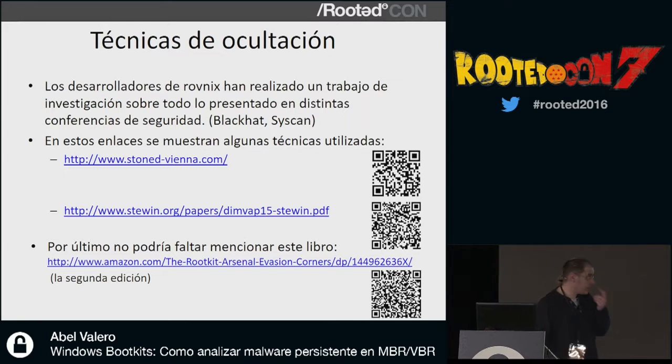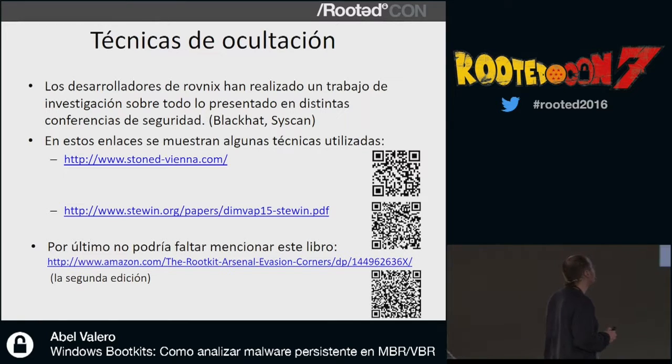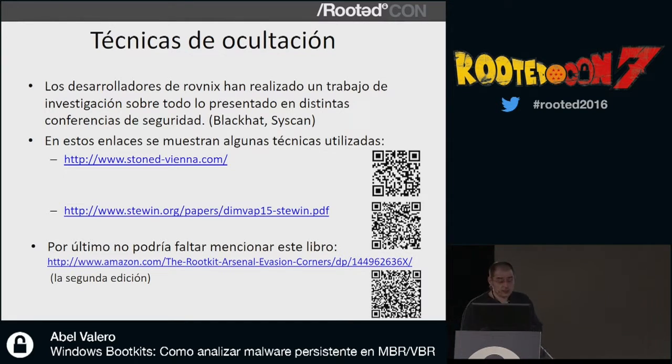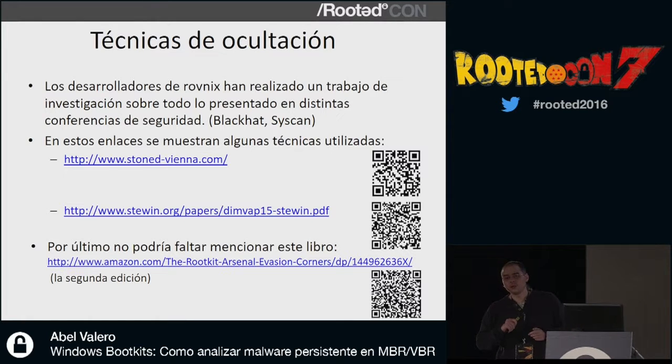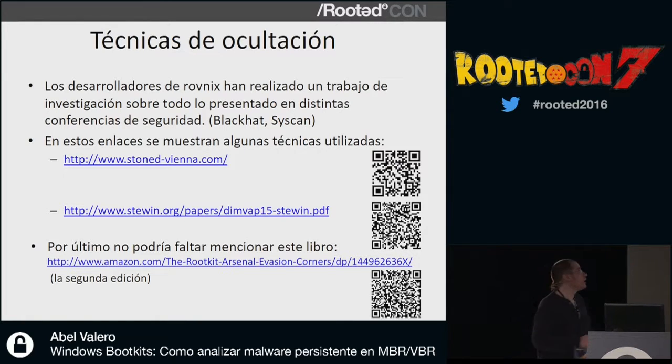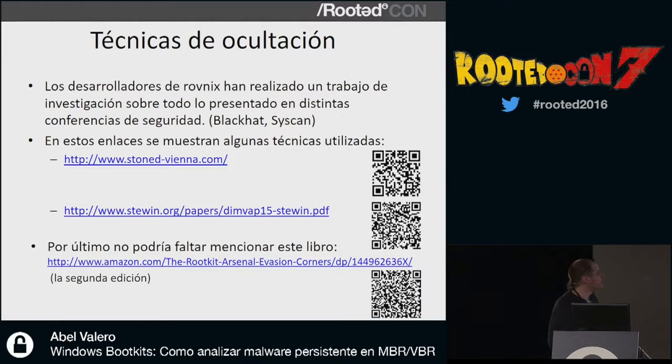Like I said, they have done a good research job based upon the rootkit presented at Black Hat, using interruption 13, based upon papers from this guy. You can check them out. And all the techniques regarding concealment had been taken from this book.